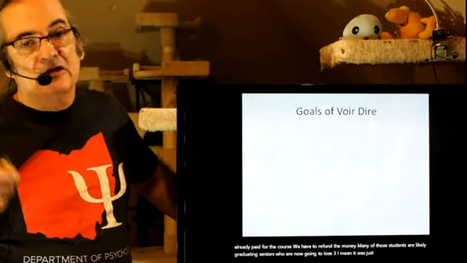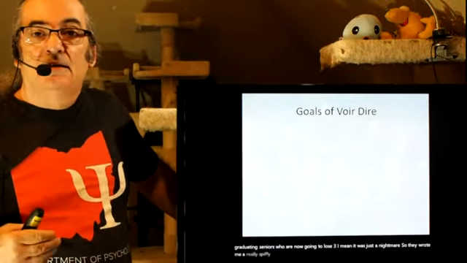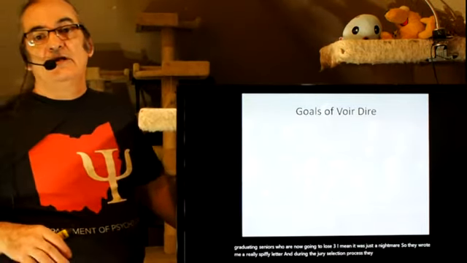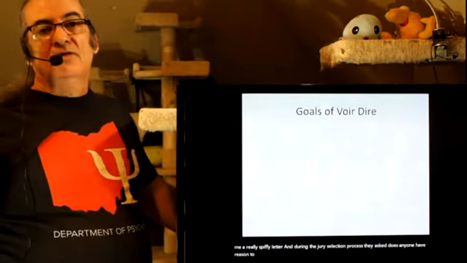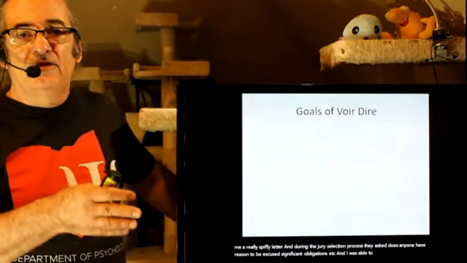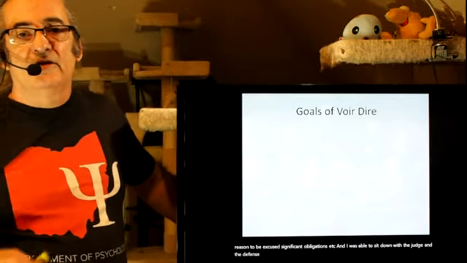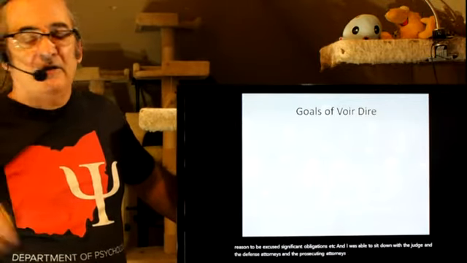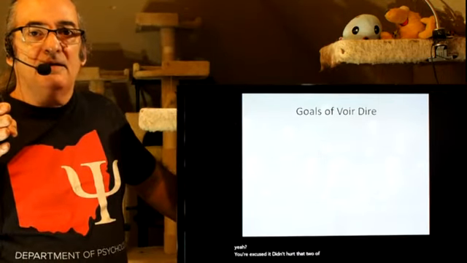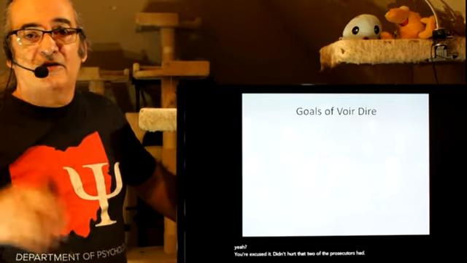So they wrote me a really spiffy letter. And during the jury selection process, they asked, does anyone have reason to be excused, significant obligations, etc.? And I was able to sit down with the judge and the defense attorneys and the prosecuting attorneys, talk to them about it, and they said, yeah, you're excused. It didn't hurt that two of the prosecutors had kids who were Ohio State students.